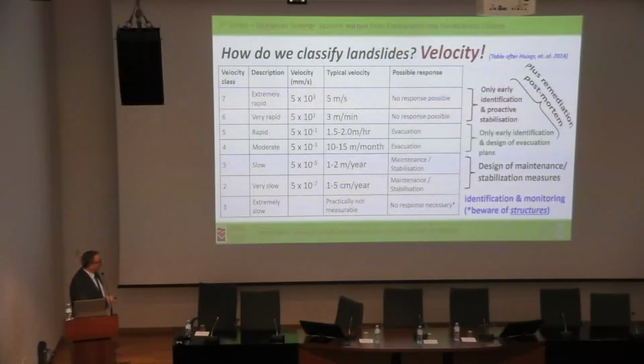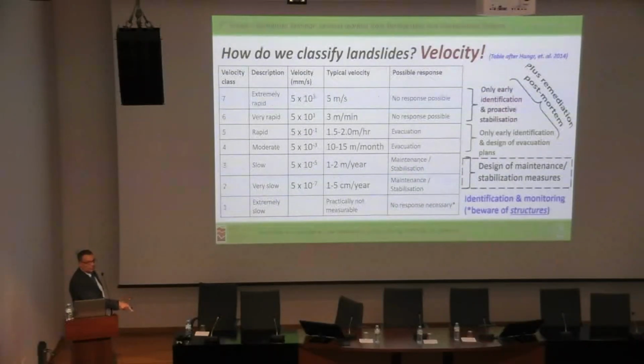And it comes here because we have landslides that are either slow or very slow, and we can actually do something about them while they are happening. We can do maintenance, we can do stabilization, and so we actually do design for our stabilization measures. And even before design, we have to do what I consider the most important thing, and I will try to focus on it in the second part of the presentation, which is to select the measures that we can use in order to stabilize them.